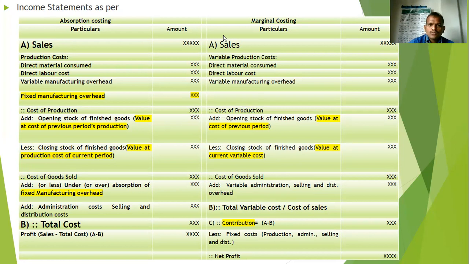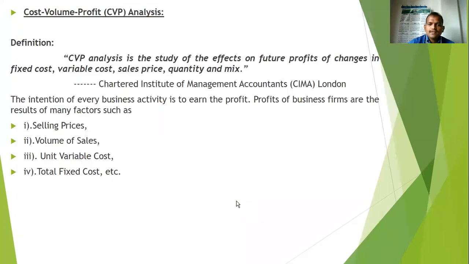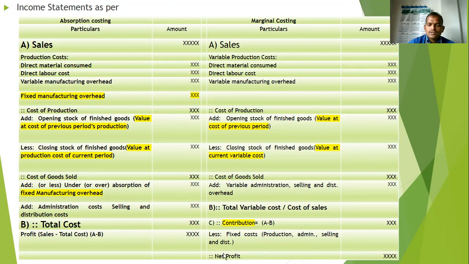So finally, they'll find total variable cost. From sales, we have to deduct total variable cost. Then we'll get contribution here. But in absorption costing, after adding the under or over absorption, we have to add the administration cost and then total cost. So it already included fixed overhead. But in marginal costing, after determining the contribution, they will deduct the fixed cost.